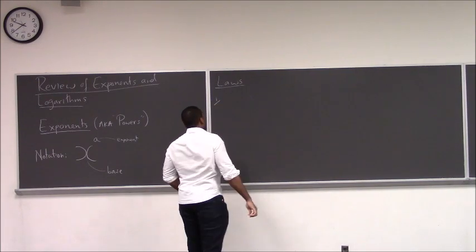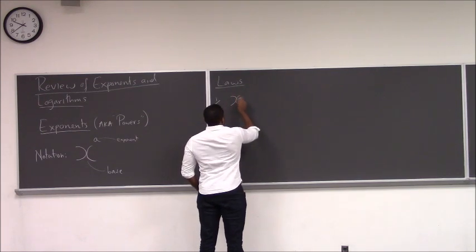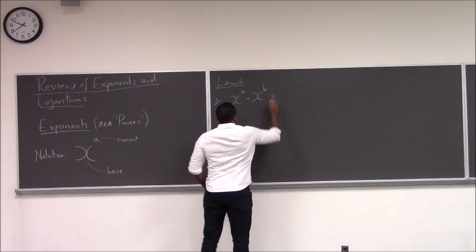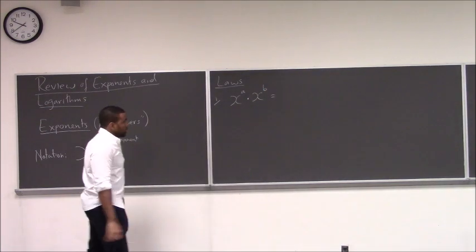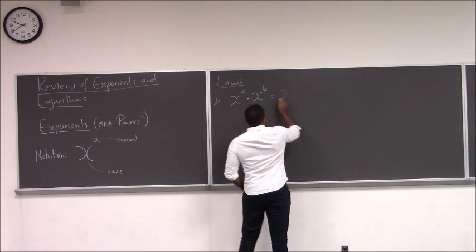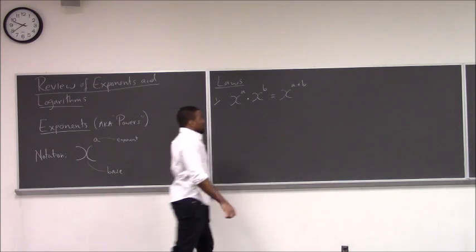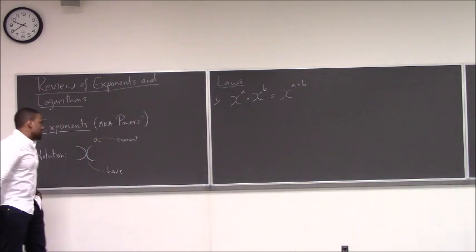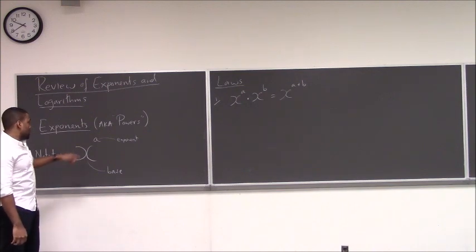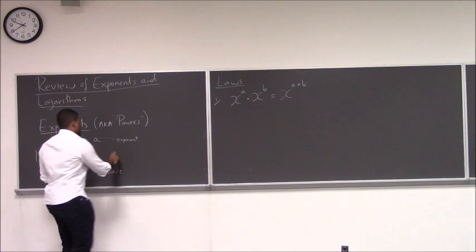One. If you multiply things of the same base, how do you compute that? Yeah, you add the powers. This is because the exponents, at least with positive integers, tell you how many times you want to multiply the expression.